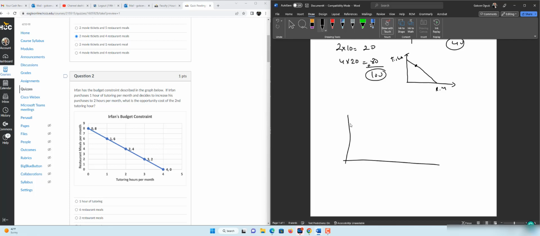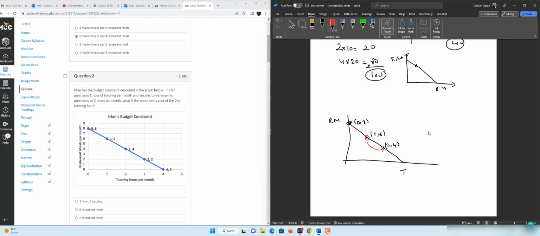We have this and we have here 0, 8, and then here we have 1, 6, and here we have 2, 4. So this is the restaurant meals, this is the tutoring. Okay, so Irfan is here. And now he wants to increase the tutoring by 1 more hour.